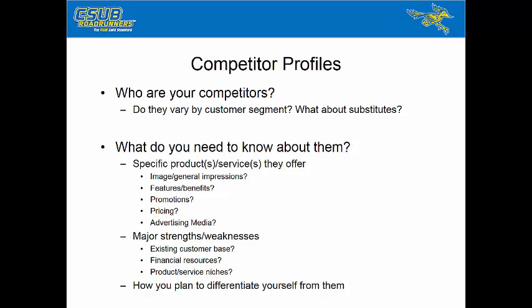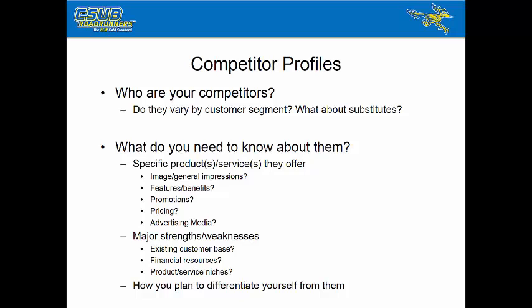So, kind of like customer vignettes, I like for you guys to be able to develop competitor profiles. It's a similar kind of thing to the customer vignette. It's one page, kind of summarizing a lot of the relevant facts about the competitor.